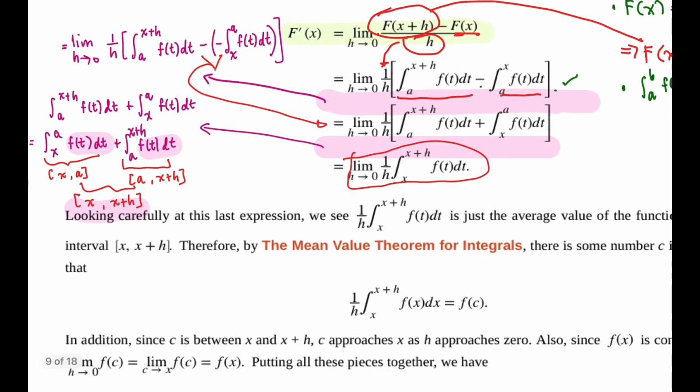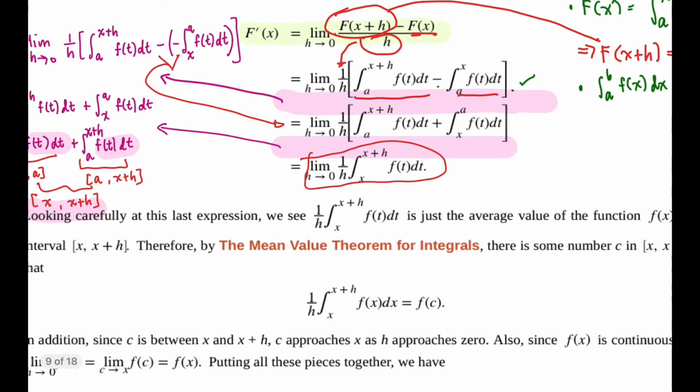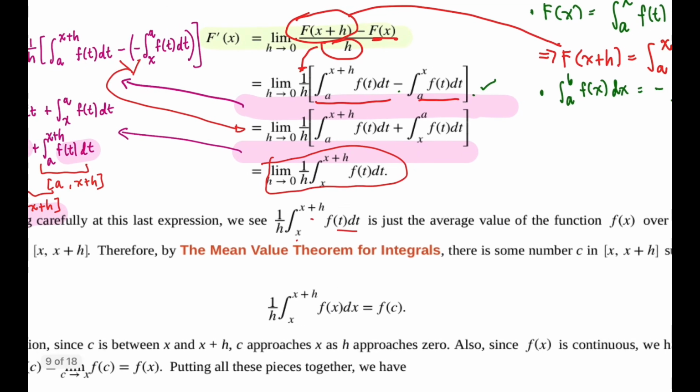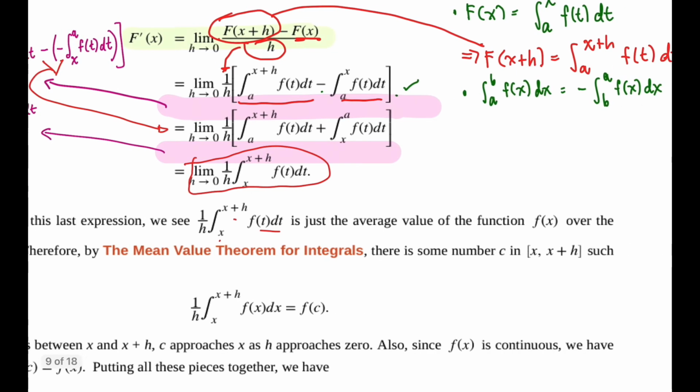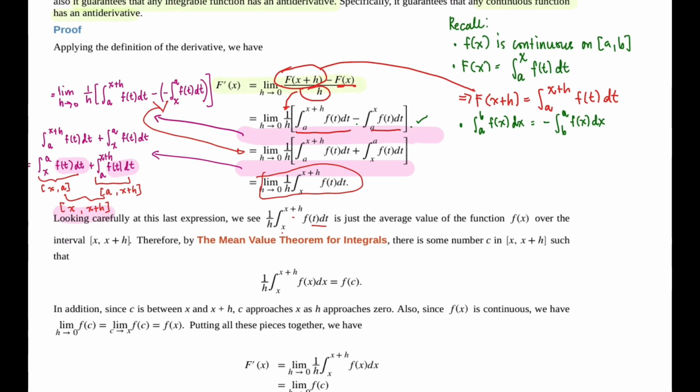Okay. Now, looking carefully at this expression, we see that 1 over h times the definite integral of f of t dt from x to x plus h is just the average value of the function f. What does it say? It's just the average value of the function f over the closed interval x to x plus h.